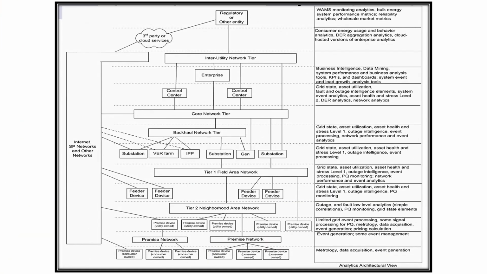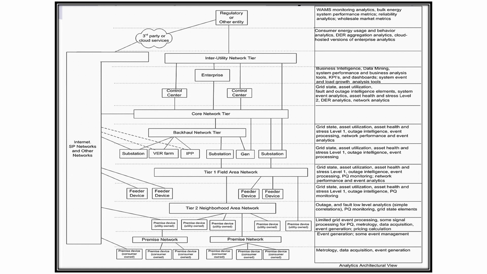Now let's look at the structural view of smart grid. As we can see, the grid is made up of multiple levels. We have devices which are consumer owned at the bottom layer, and then we have devices which are utility owned. There are multiple networks like the home area network, field area network, local area network, wide area network, and the backbone through which data moves from different sources to the utility data center.